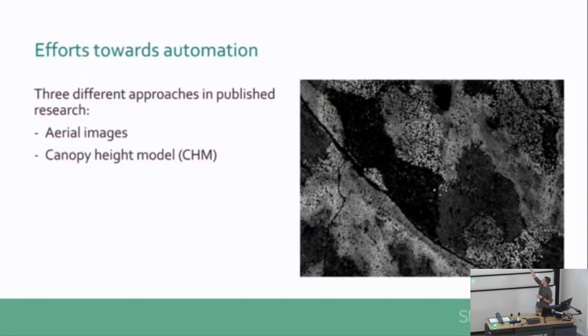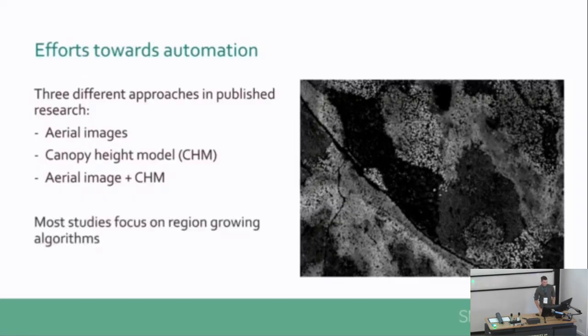Is this a marsh or a clear cut? Don't know. A third approach combines both to get depth and spectral information. Most of the research is focused on region growing algorithms. They're great in the sense that they make very homogeneous polygons in forest attributes, but the feedback from the managers is that that's not really what they want. So that's a problem.